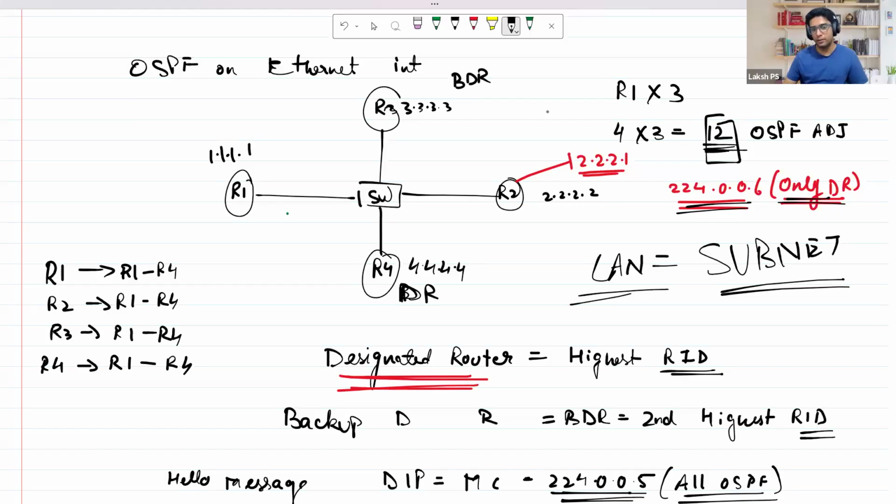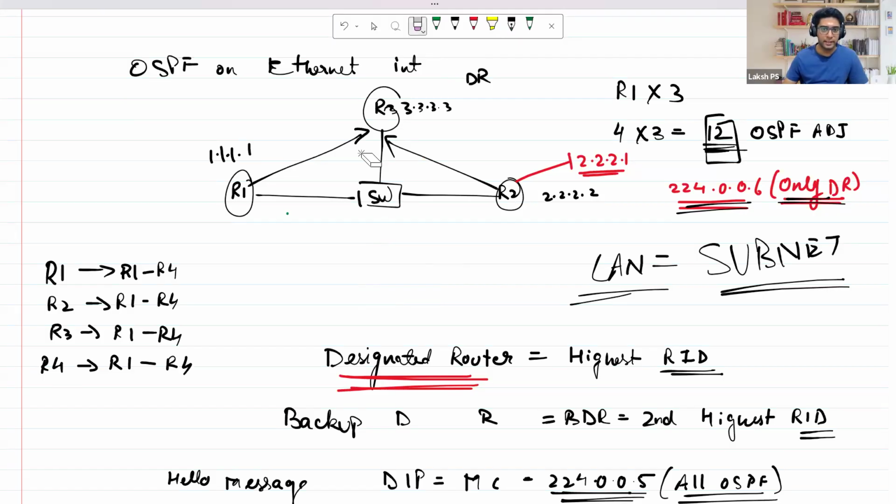What is going to happen is that if for some reason the DR fails, the BDR will immediately become the DR, and it will ask all the routers to share their database with R3.